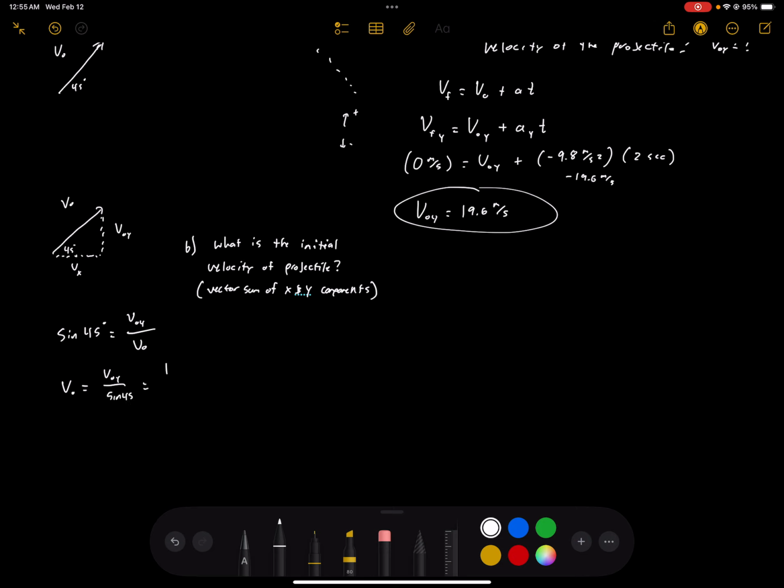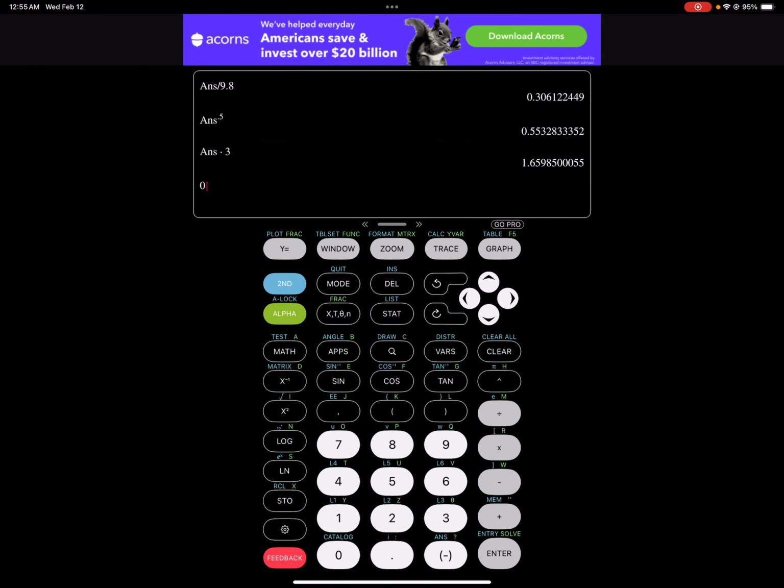So let's just plug in the values. I got 19.6 meters per second. I'm going to divide that by the sine of 45, and we're going to need to bust out the calculator. 19.6 divided by the sine of 45 degrees, and we get about 23.